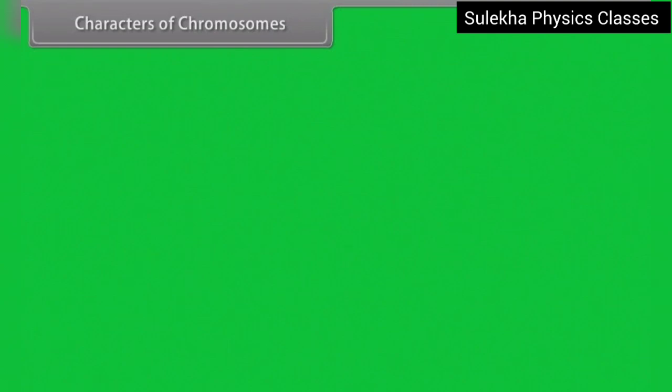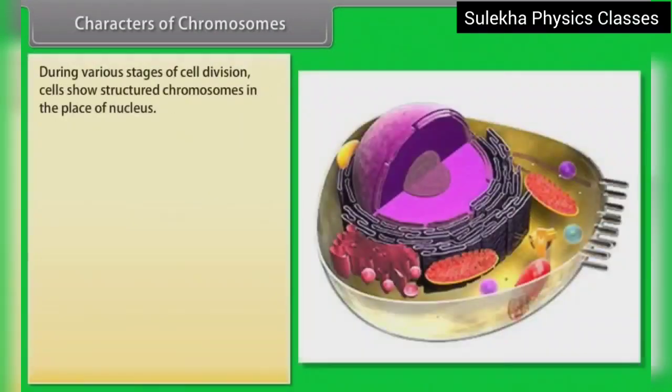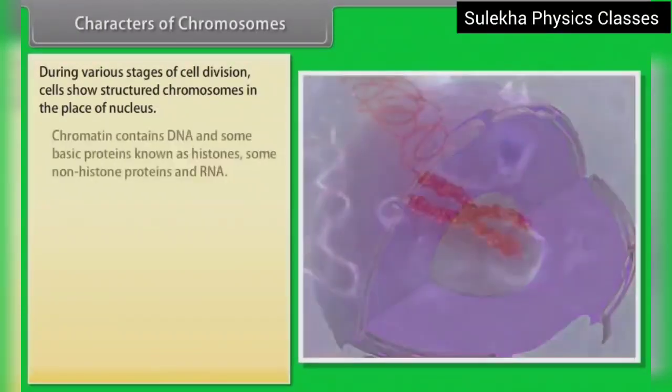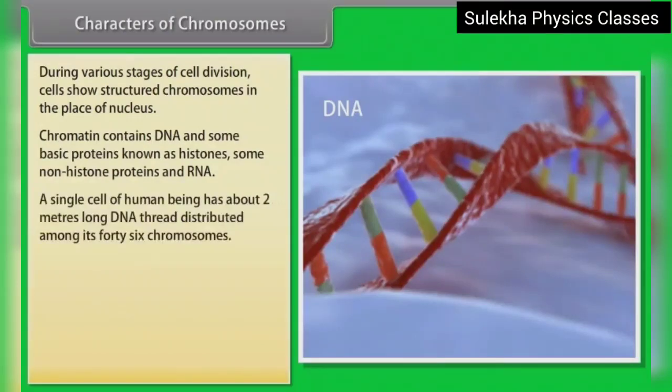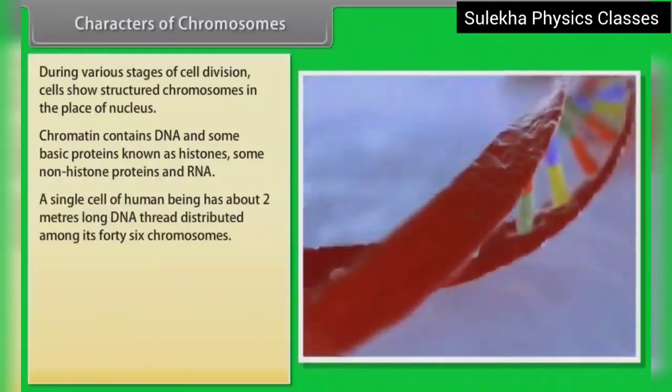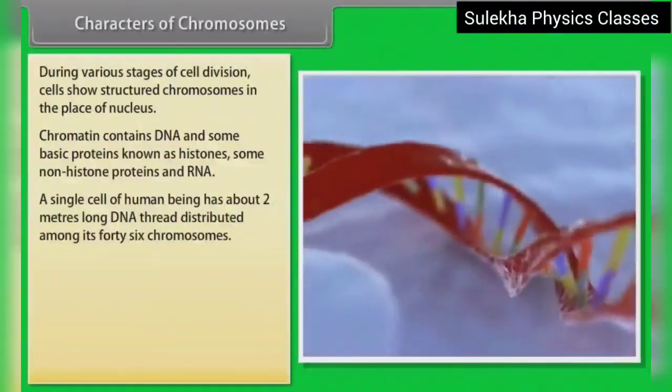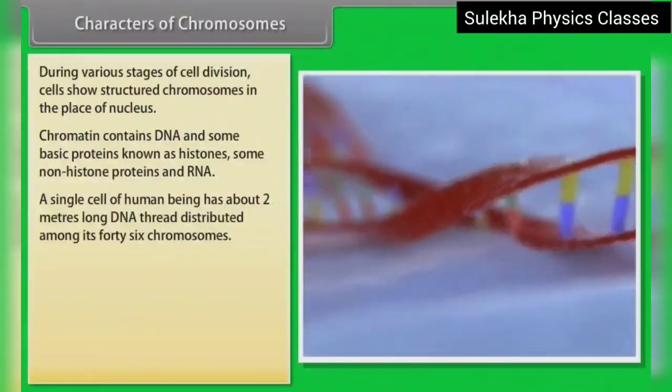Characters of chromosomes. During various stages of cell division, cells show structured chromosomes in place of nucleus. Chromatin contains DNA and some basic proteins known as histones, some non-histone proteins, and RNA. A single cell of a human being has about 2-meter-long DNA thread distributed among its 46 chromosomes.